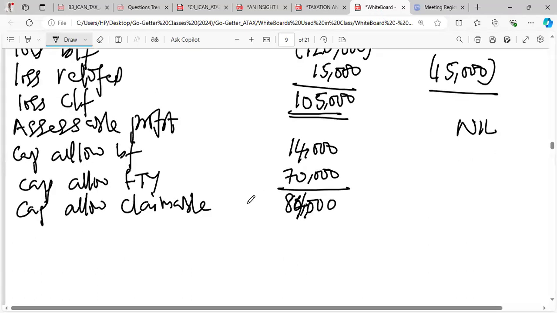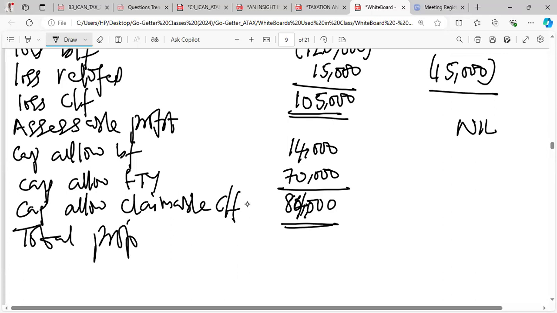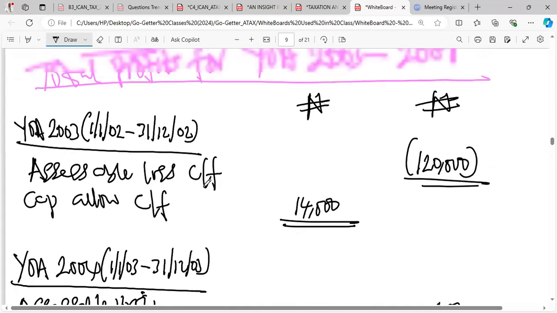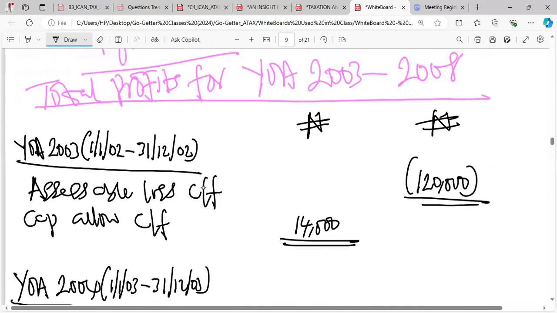But you cannot relieve it because there is no accessible profit. But it's carried forward. So you carry this forward. So now your total profit will be nil. In the case of this other one here, I'll need to write total profit. Total profit is going to be nil.